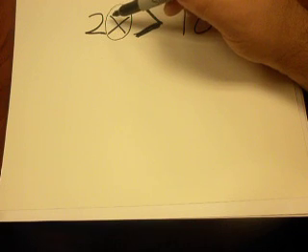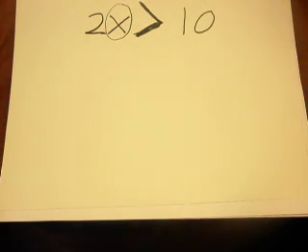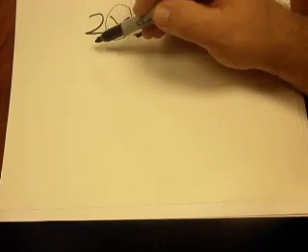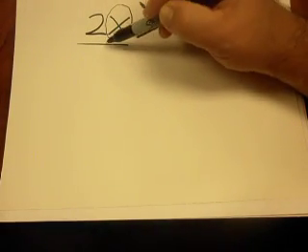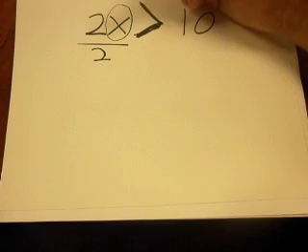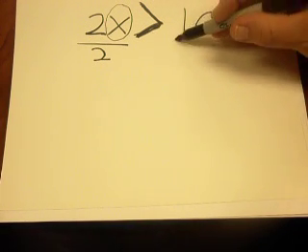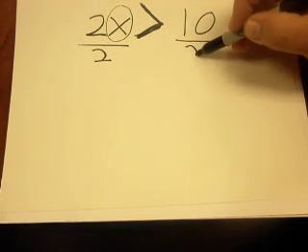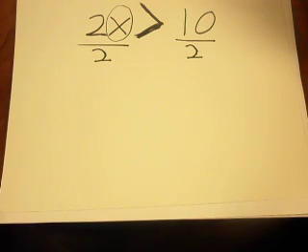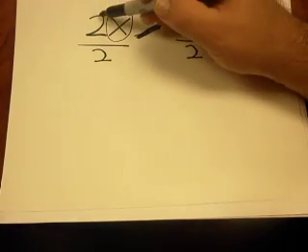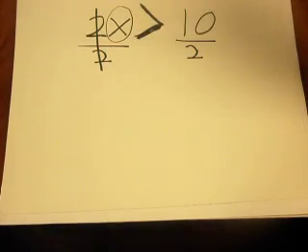The relationship between the 2 and the x is multiplication. So to get it out of there, we have to do the opposite. The opposite of multiplication is division, so I'm going to divide by 2. Well, if I divide one side by 2, I've got to divide the other side by 2 as well, keeping everything in balance. So 2 divided by 2, that's a 1.